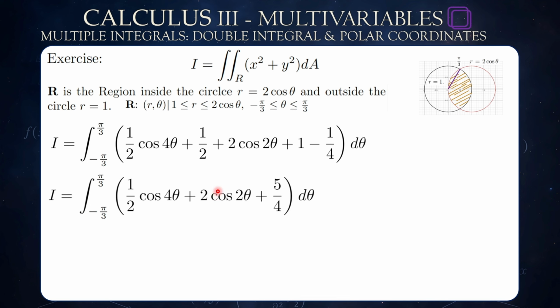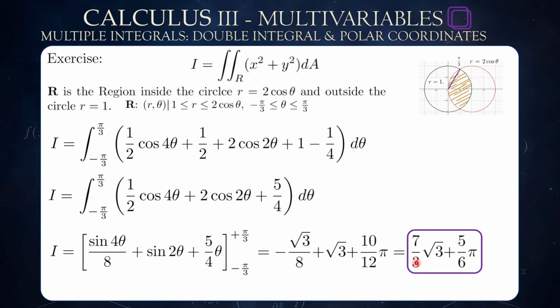We simplify I, and you get the integral from minus pi over 3 to pi over 3 of 1/2 cosine 4 theta plus 2 cosine 2 theta plus 5 over 4 d theta, which is equal to sine 4 theta divided by 8 plus sine 2 theta plus 5 divided by 4 theta, between plus pi over 3 and minus pi over 3, which is equal to minus square root of 3 divided by 8 plus square root of 3 plus 10 divided by 12 pi, or 7/3 square root of 3 plus 5/6 pi.